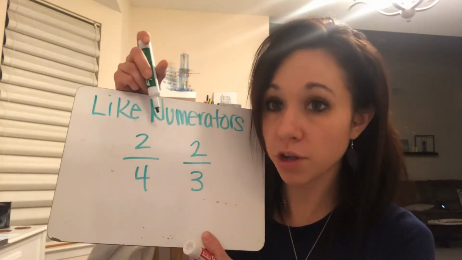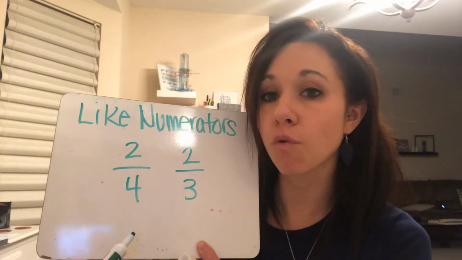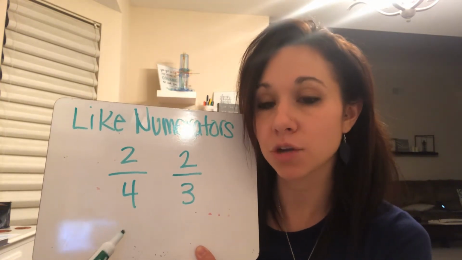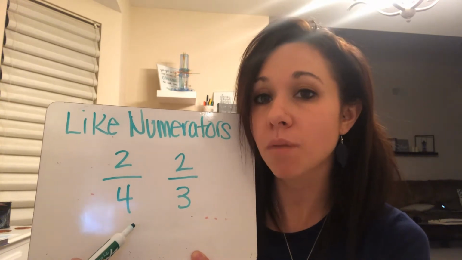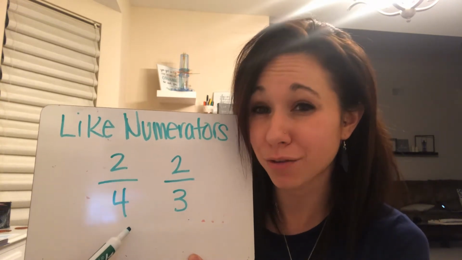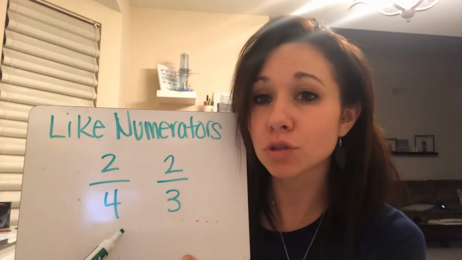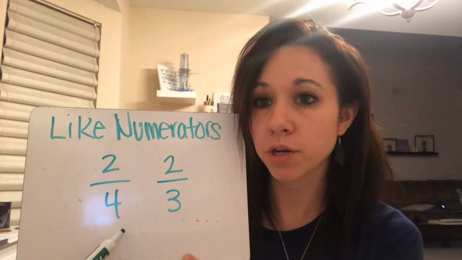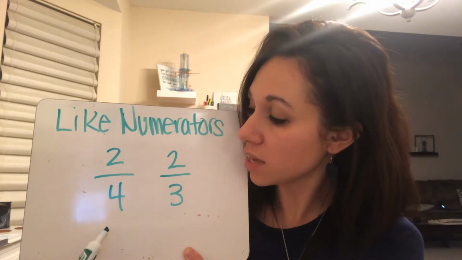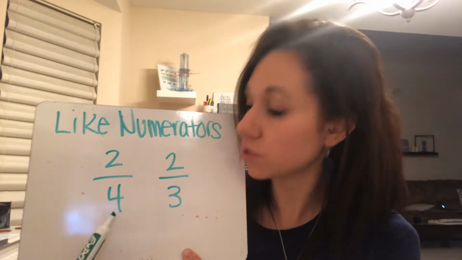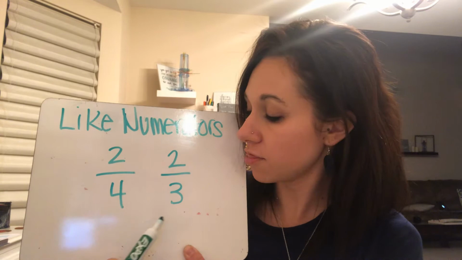When the numerators are the same, you are looking for the exact opposite. You are looking for the smaller denominator. The smaller denominator is the greater fraction. So it's the absolute opposite of when you're comparing like denominators. I notice that there's 4 in this denominator and 3.